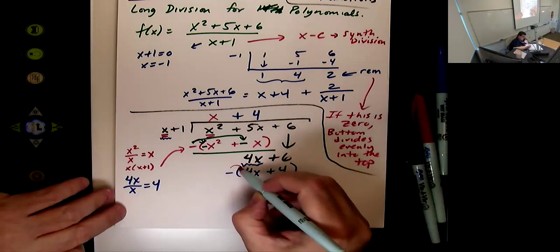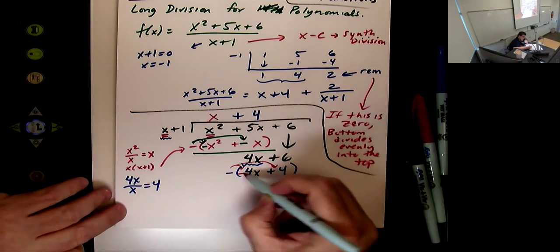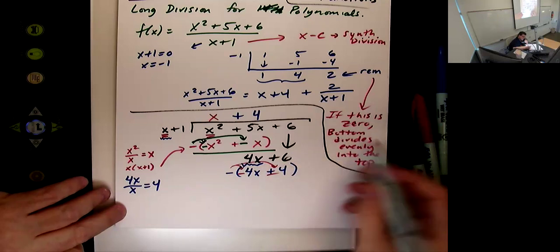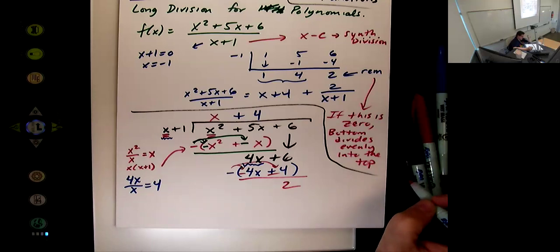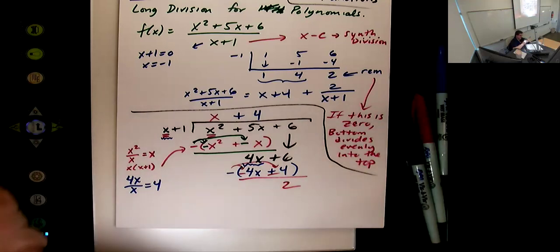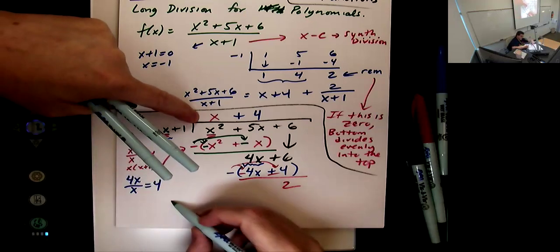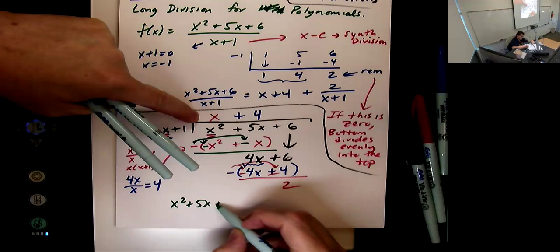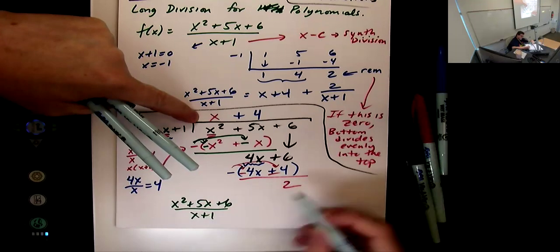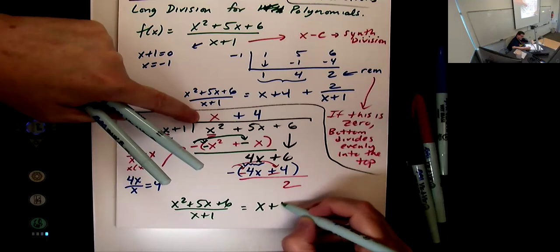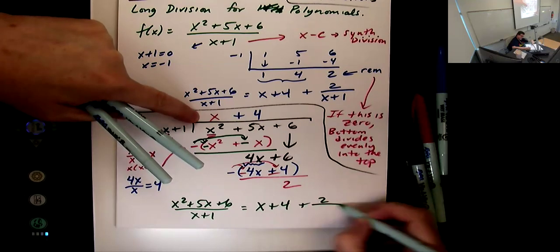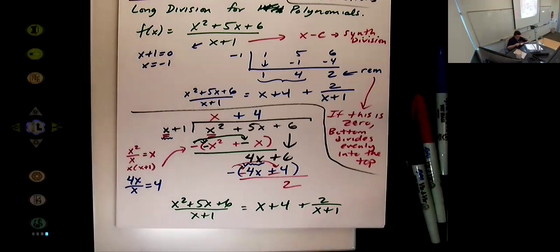I'll move the minus sign in. Minus, minus. I subtract, I have 2 left. So here again, if I put this all together, I have x plus 4, and then I have 2 remainder, which goes over the old denominator. So it's the same doing long division as synthetic division.